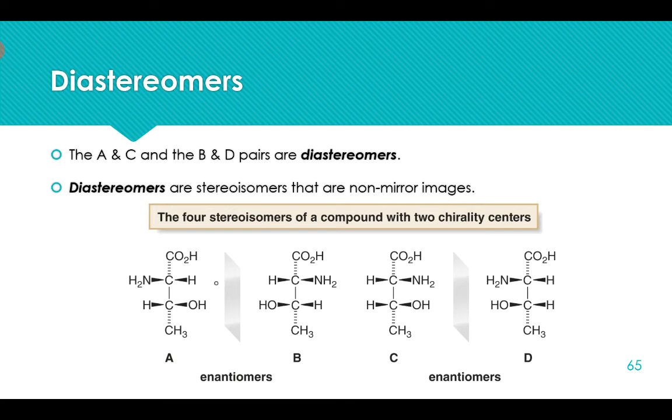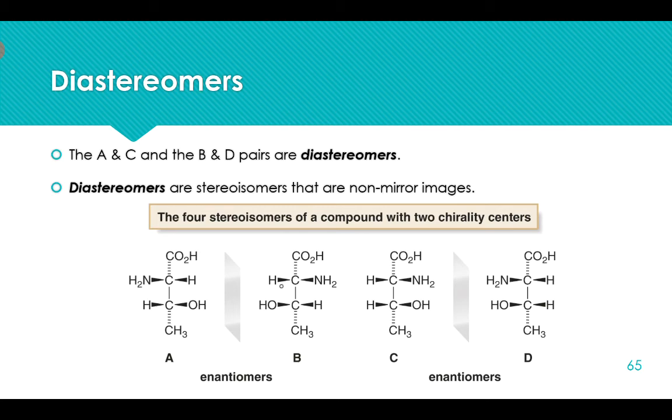So if we have multiple chiral centers, then we can have multiple different stereoisomers possible. So here's where we have two different chiral centers, and so we have four different stereoisomers total.